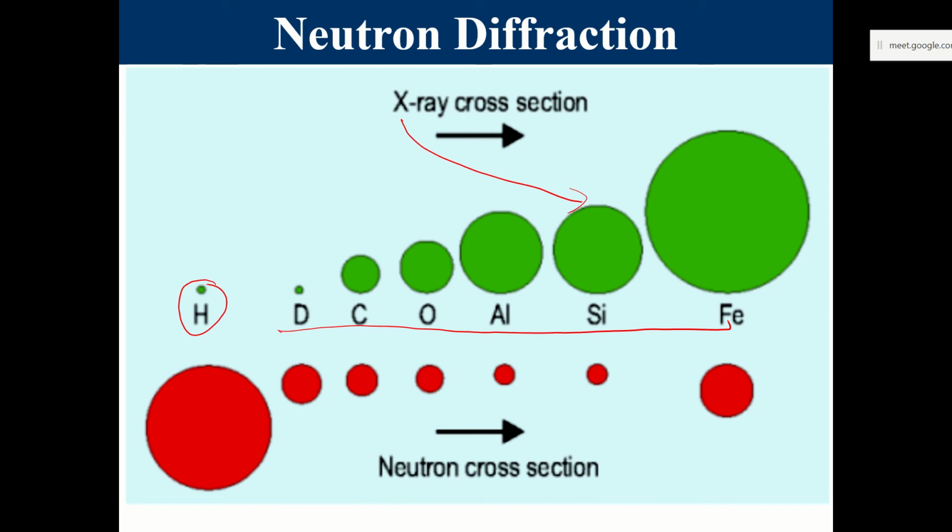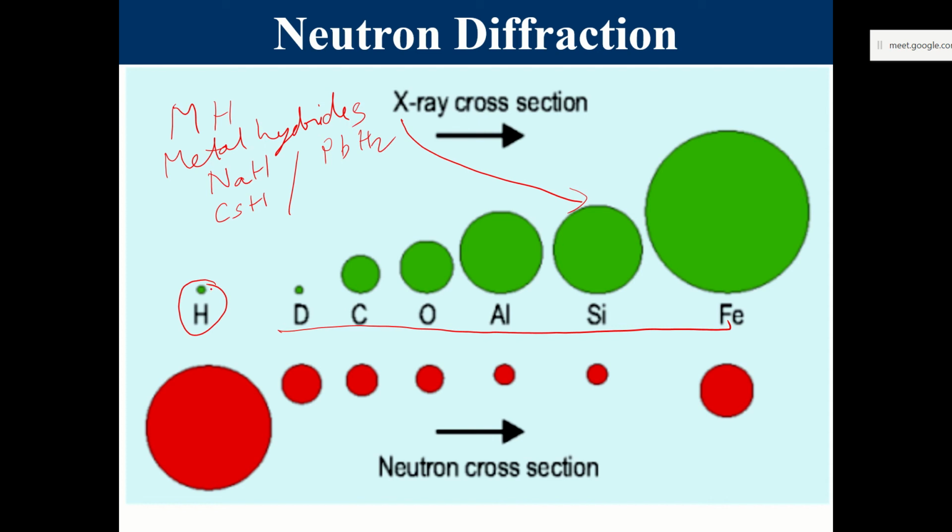Think of metal hydrides. If you think of metal hydrides like sodium hydride, or heavier ones like cesium hydride or, for that matter, lead hydride, in these cases it will be very difficult to know the position of hydrogen.